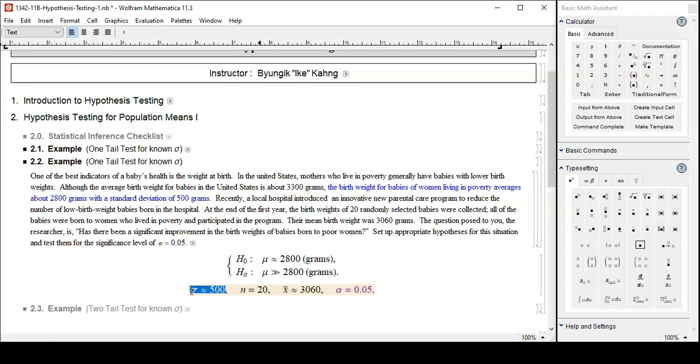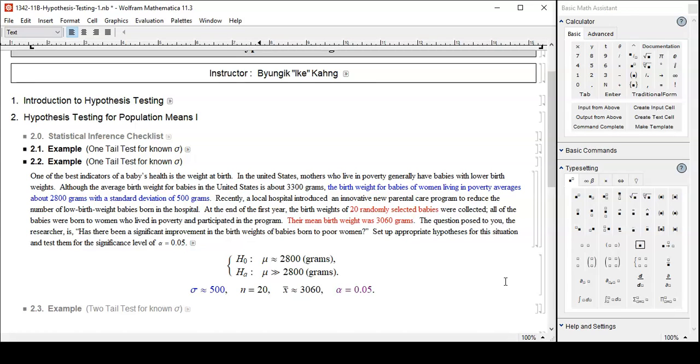If that standard deviation came with these 20 randomly selected babies, and their mean birth weight was 3,060, the sample mean, and standard deviation of 500, then that would have been the sample standard deviation. But not in this problem. Here, this standard deviation of 500 came along with a null. So it's the population standard deviation.